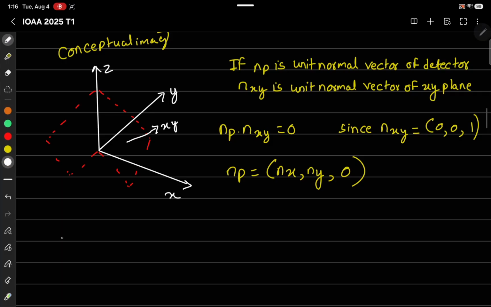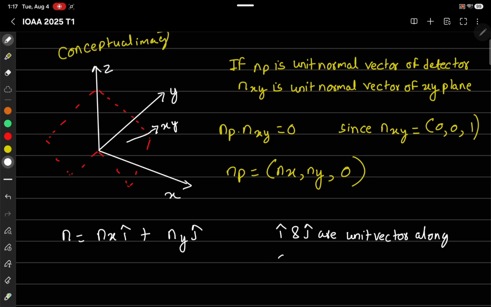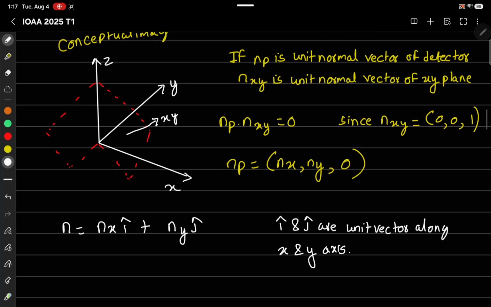So n can be resolved as nx i cap plus ny j cap, where i and j are unit vectors along the x and y axes, right?